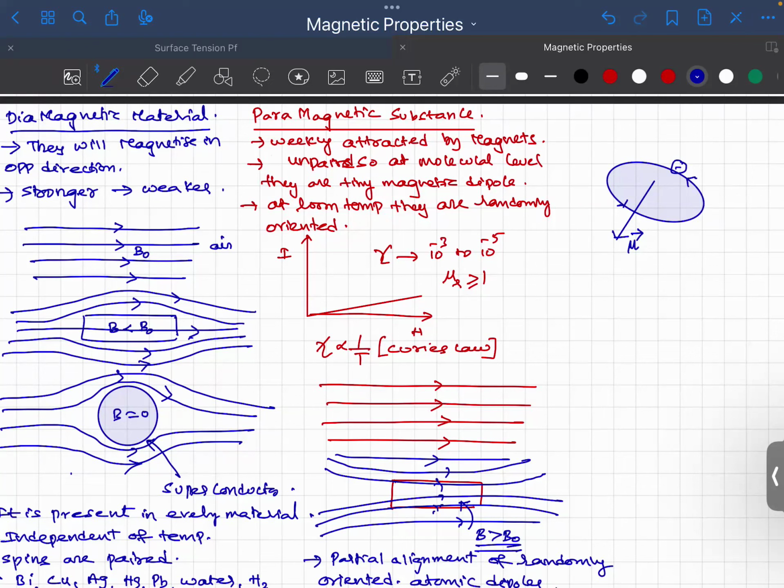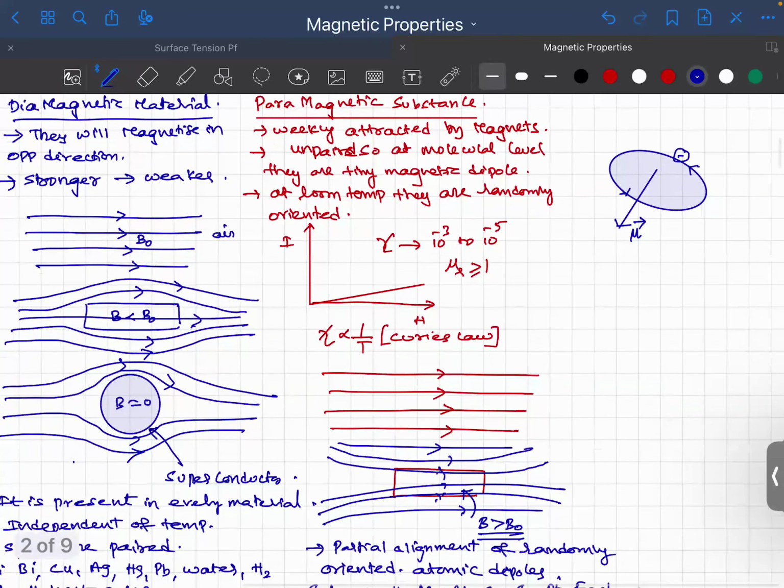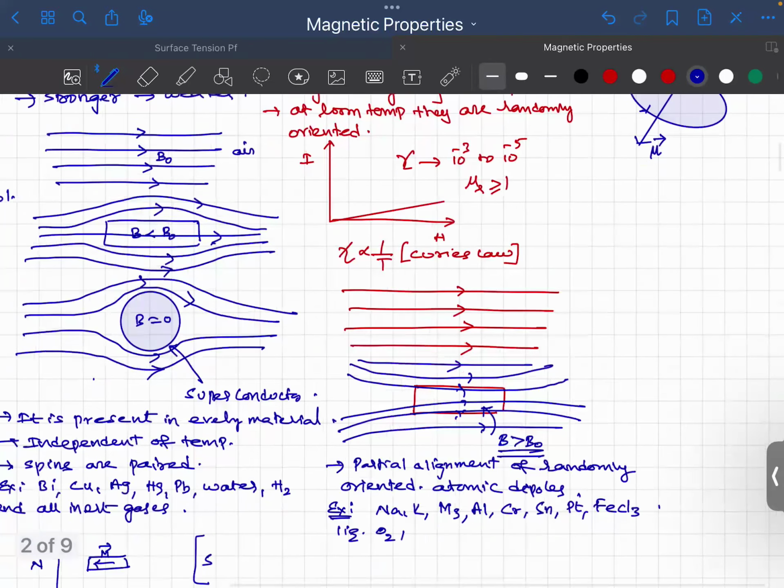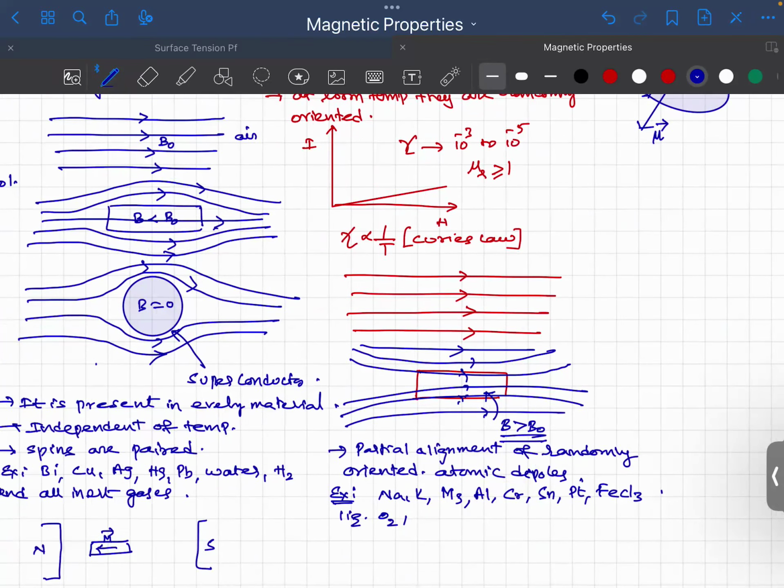Susceptibility is low, undoubtedly. It is of the order of 10 power minus 3 to 10 power minus 5. The only difference between the diamagnetic state and the paramagnetic state is that a certain number of lines will pass through this material. Compared to outside, the number inside is slightly more. That is the meaning of mu r greater than 1.